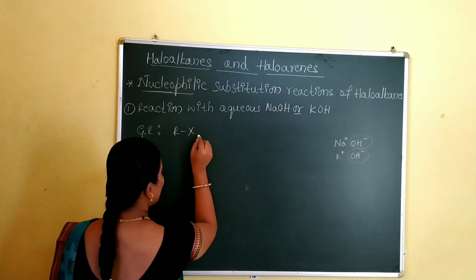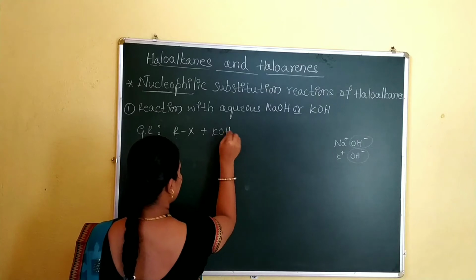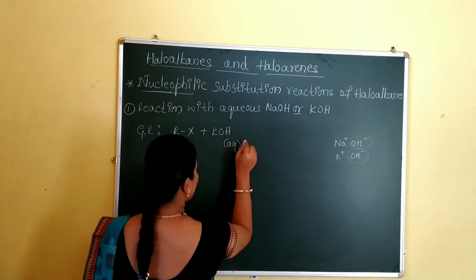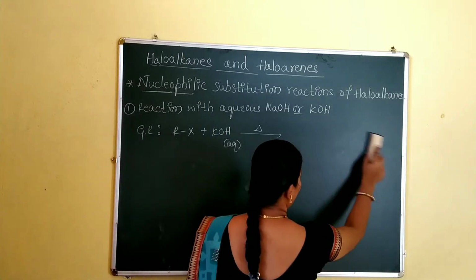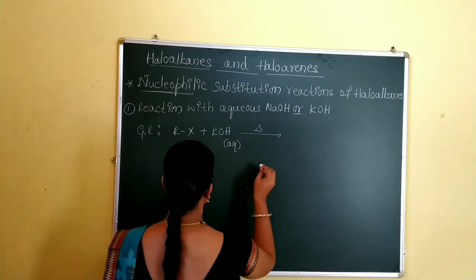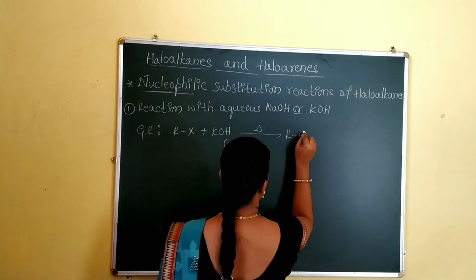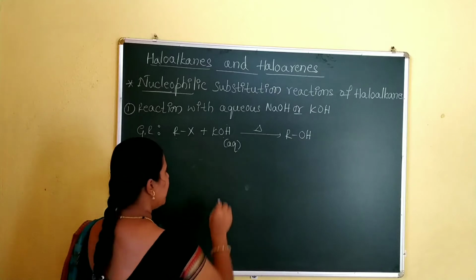Alkyl halides, when they are heated with aqueous potassium hydroxide, then the corresponding alcohols are formed. See here, ROH. OH minus is the nucleophile.